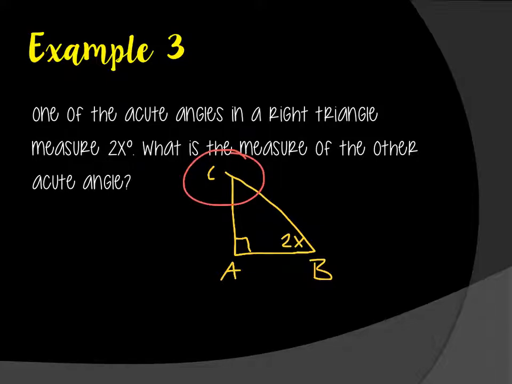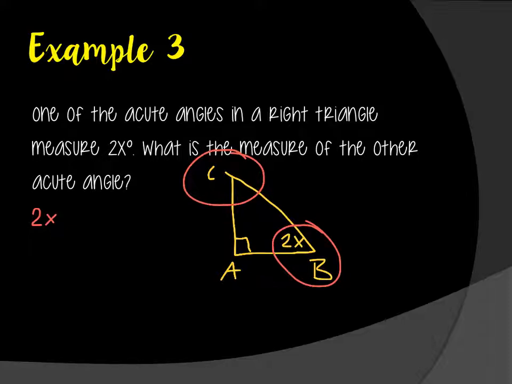How do we find angle C? What equation do we need to set up? We know that the two acute angles add up to 90. So if we add angle C and angle B, we get 90.